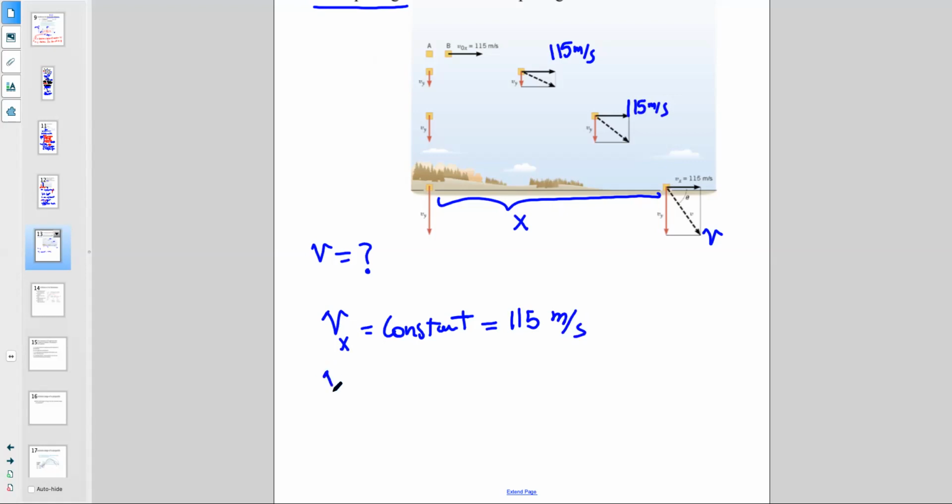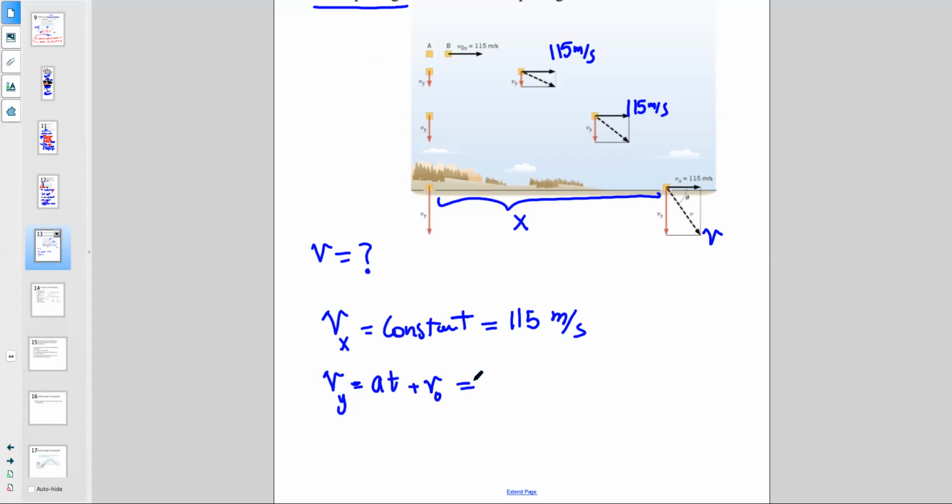Along the y direction, I can figure it out because we have a motion with constant acceleration along the y direction, and I can use the constant acceleration formulas to find the velocity. So you remember this? Velocity v = at + v0, along y.